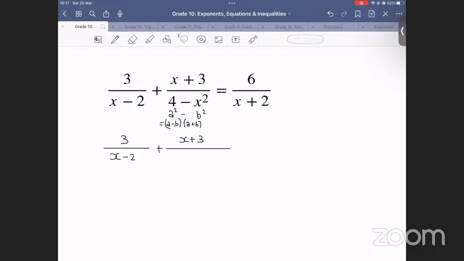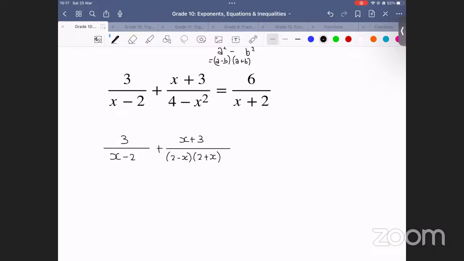That's how we calculate DOTS. So I'm going to end up with 2 minus x times 2 plus x, because square root of 4 is 2, square root of x squared is x, is equal to 6 over x plus 2.